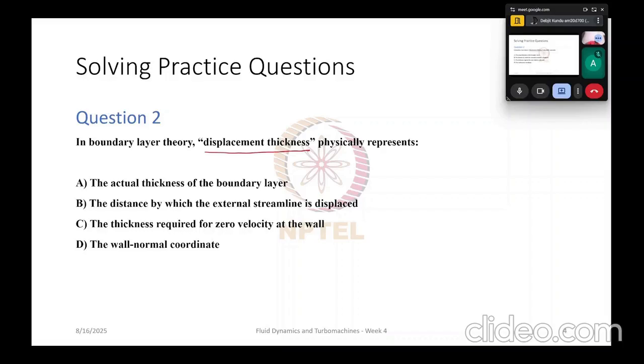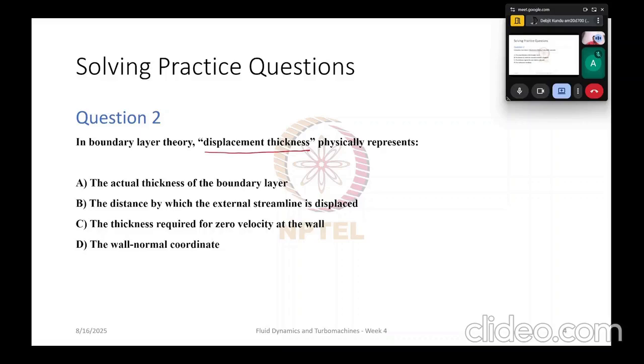Option C, the thickness required for zero velocity at the wall. Or is it option D, the wall normal coordinate?